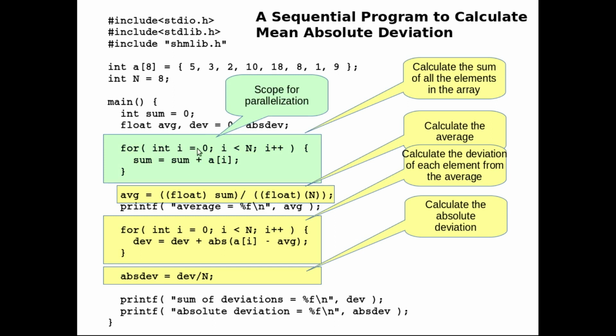So we can divide the total number of elements among multiple processes, and for example, we can have 4 processes, and each process will add up 2 elements. And there is scope for parallelization in this for loop also. So these are the 2 parts we can try to parallelize.